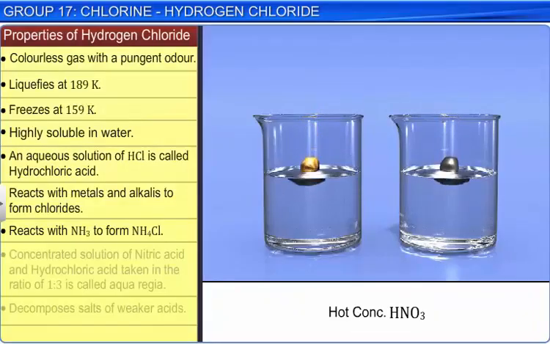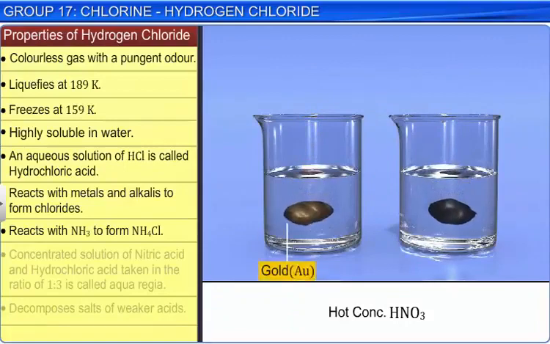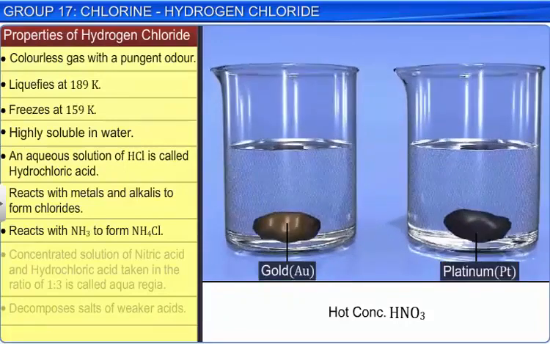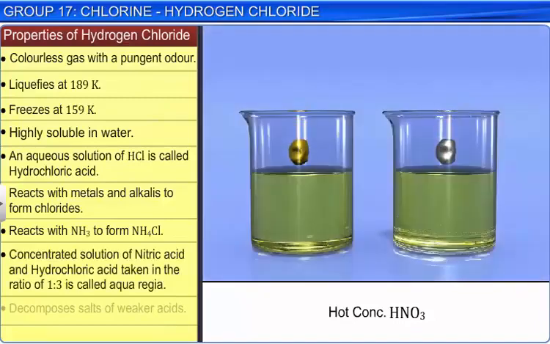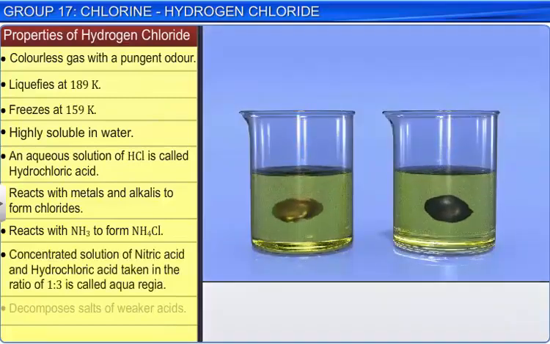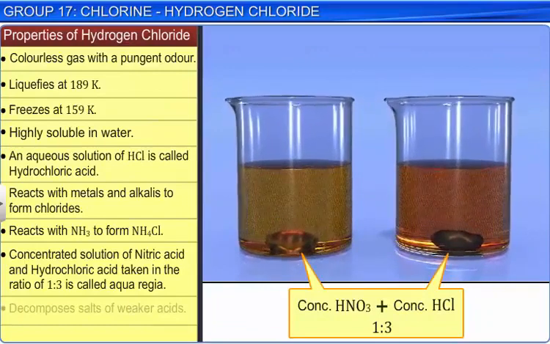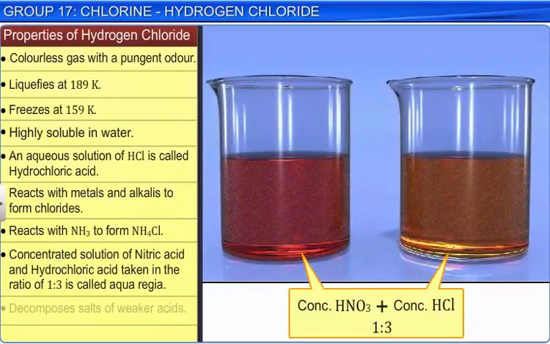You know that noble metals such as gold and platinum are insoluble even in hot and concentrated nitric acid. However, noble metals dissolve in a concentrated solution of nitric acid and hydrochloric acid taken in the ratio of 1:3. This solution is called aqua regia.